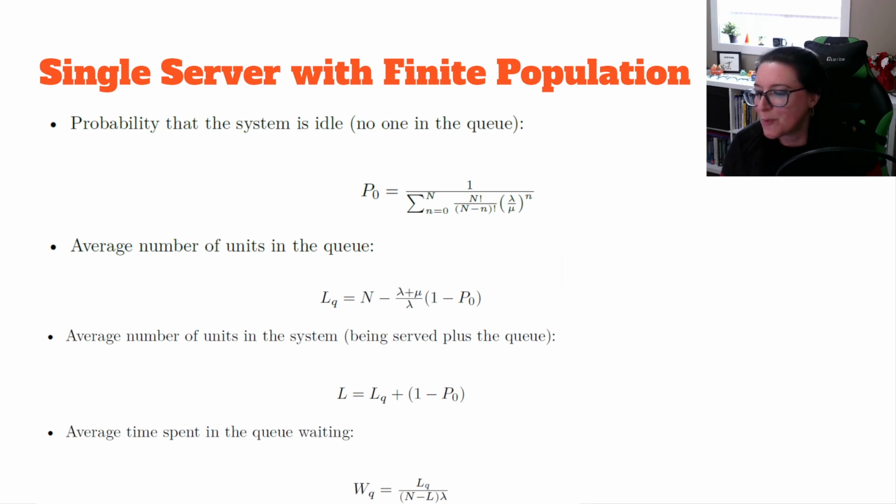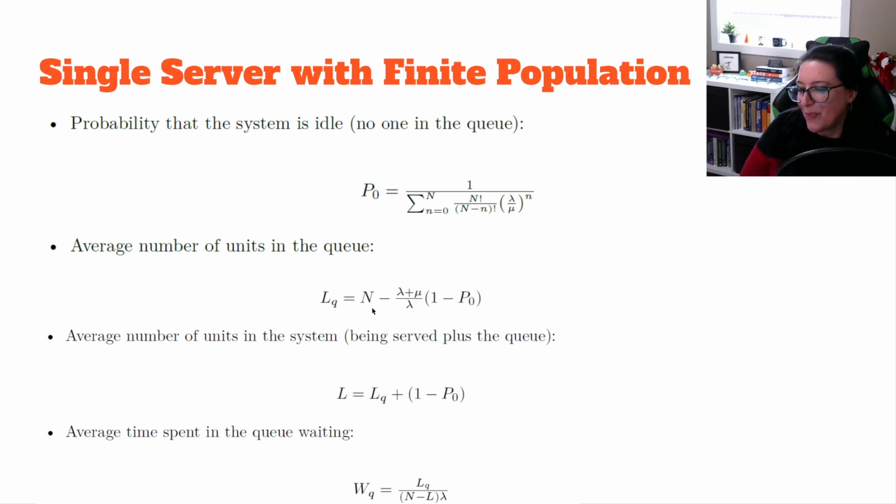So you can see as we go from little n equals 0 to big N, that's that finite population. The average number of units in the queue is going to be dependent on the size of the population, that's that big N. And so it then is going to depend on the probability the system is idle, as well as the number of people in that total population.